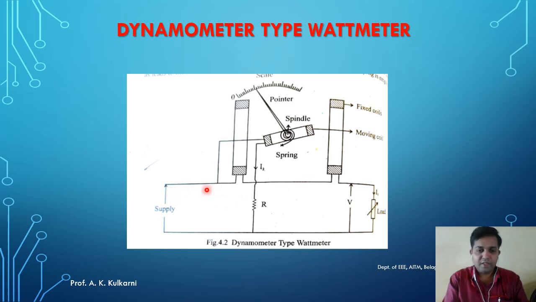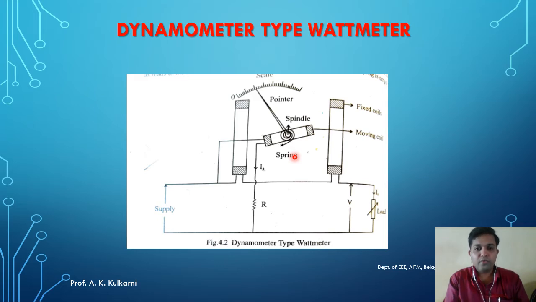When the current enters the first fixed coil, due to the inductance principle, flux will be created around these coils, and similarly some amount of flux will be created around the second fixed coil. The moving coil is also connected to the supply, so the current I2 will flow through this moving coil. Due to that, the moving coil also gets energized and flux will be created around it.